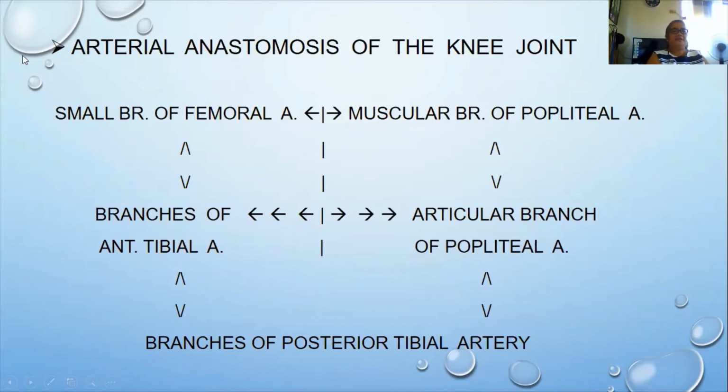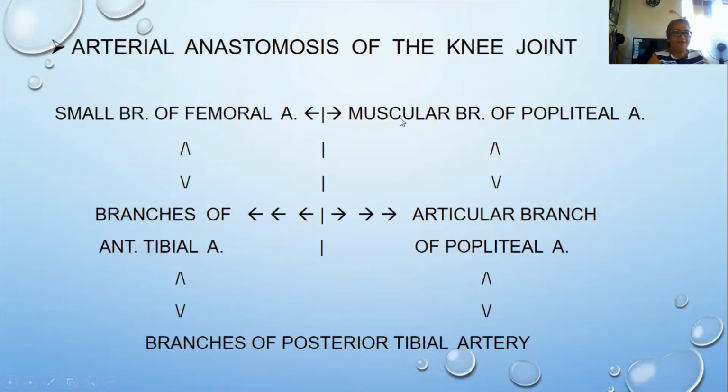so that there could be no compromising of the muscles in the lower extremity, there is an important arterial anastomosis, which is participated by actually four arteries: femoral, tibial, popliteal, and posterior tibial. But for the popliteal, there are two vessels that participate. The muscular branch of the popliteal artery and an articular branch of your popliteal artery.